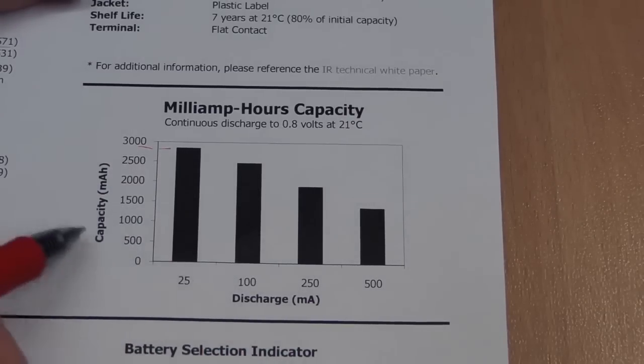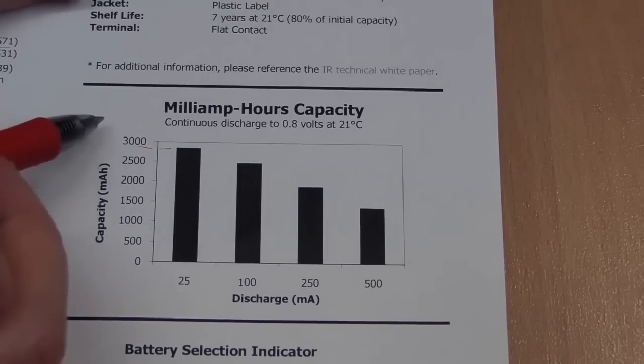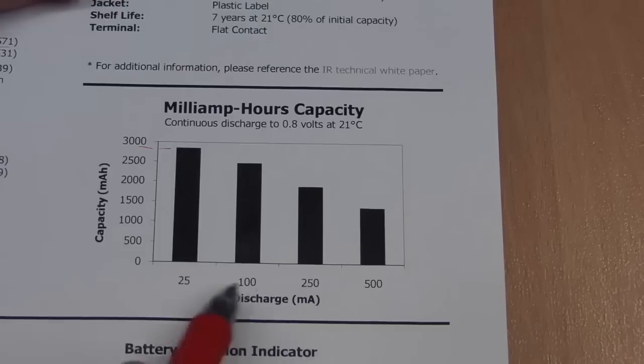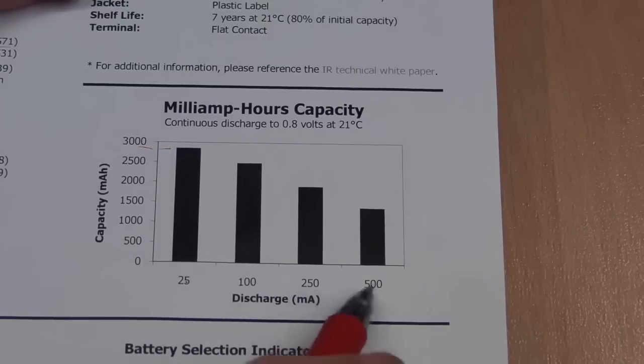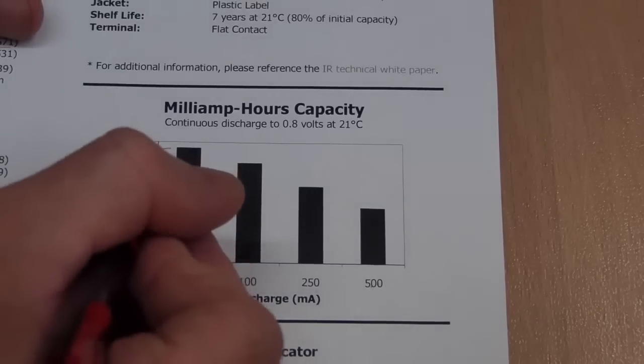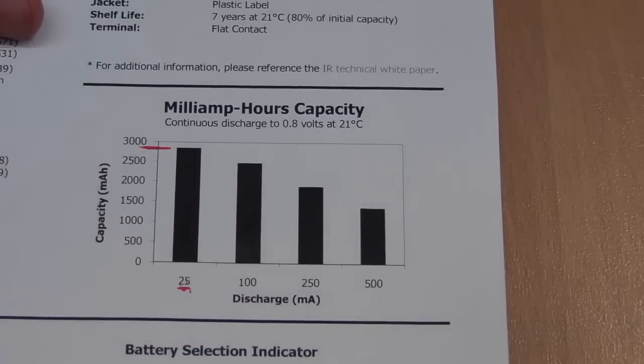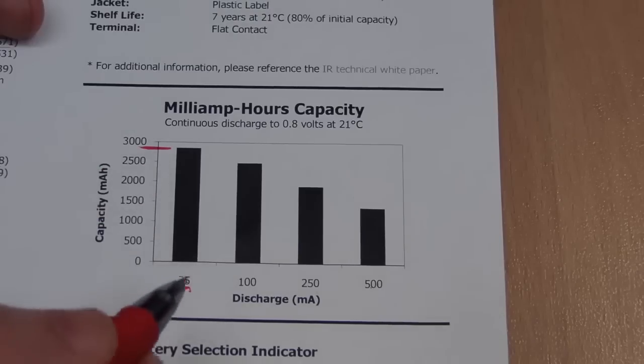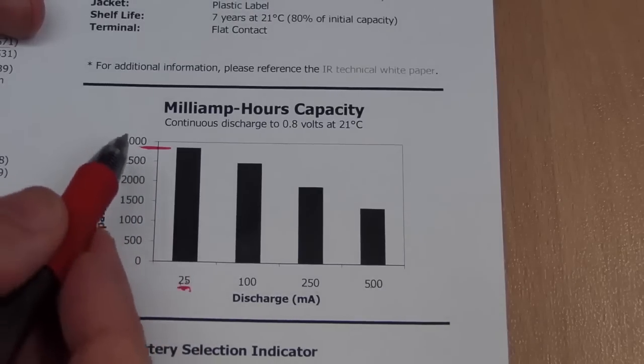Now, as you can see, we've got the capacity of the battery in milliamp hours up here from 0 to 3000, and different discharge currents, 25 milliamps up to 500 milliamps. At 25 milliamps, quite a low discharge current for a AA battery, its capacity is a nominal, say, 2800 milliamp hours, and that's the figure that you'll typically hear about.